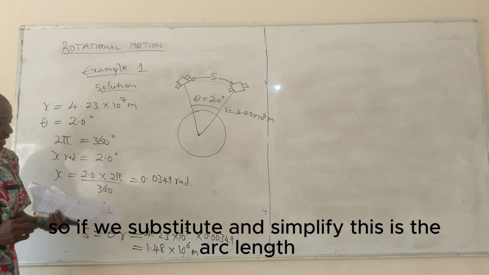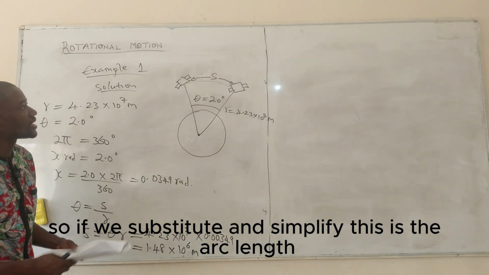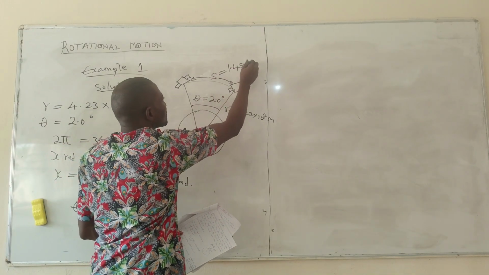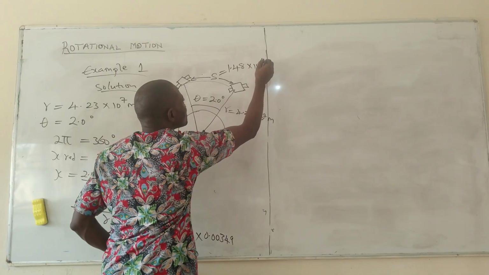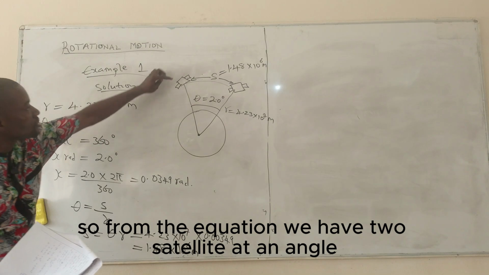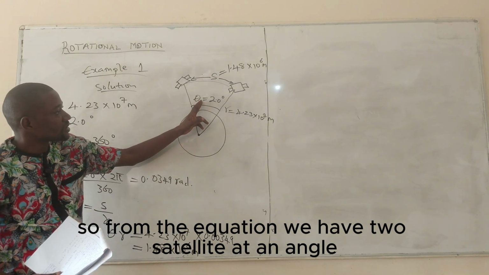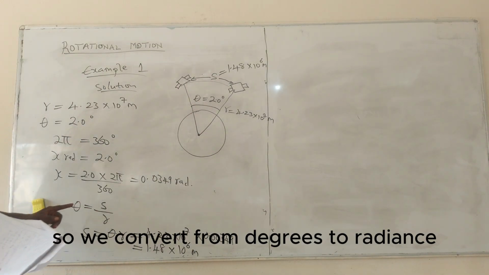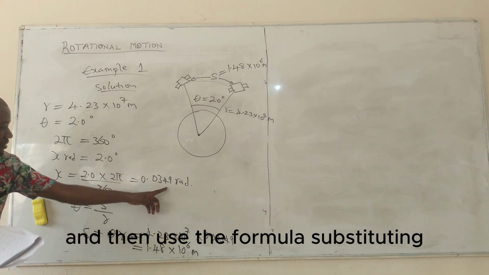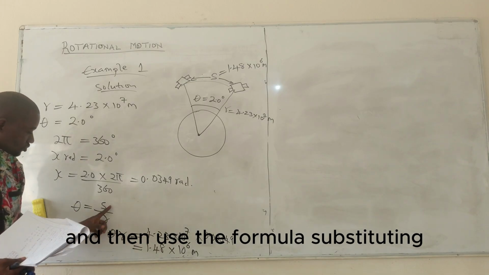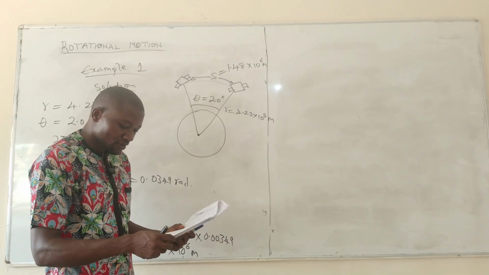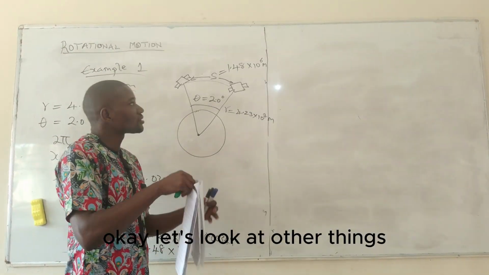So if we substitute and simplify, this is the arc length. Is it difficult? So from the equation, we have two satellites at an angle, this is the radius. So we convert from degrees to radians and then use the formula. Substituting, we have the arc length. Okay, let's look at other things.